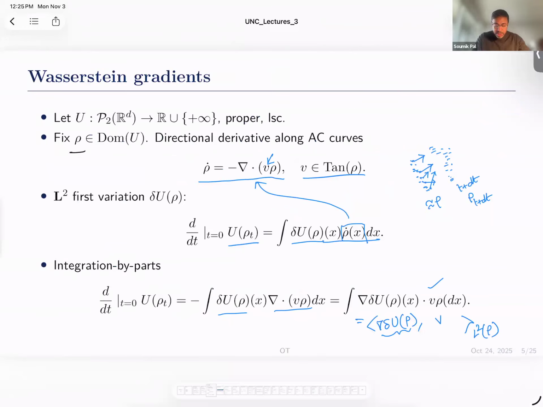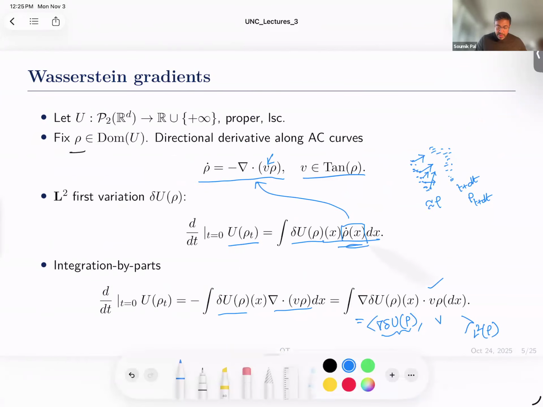You should think of it as a linear operator acting on these rho dots. So it's a directional derivative in rho dot, but remember what I've done here is that I'm saying that this object is like a linear operator acting on rho dot 0. And so every linear operator on this Hilbert space, I can write as this kind of inner product.